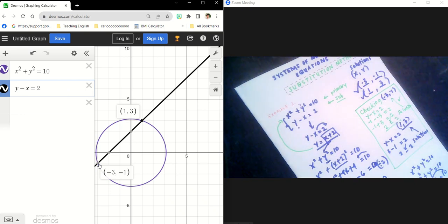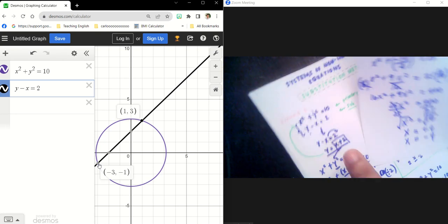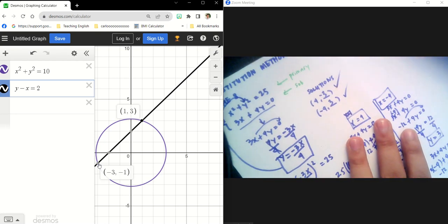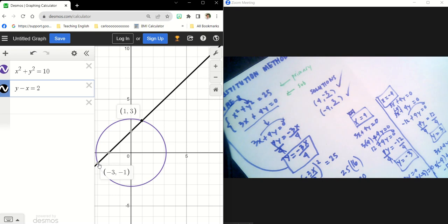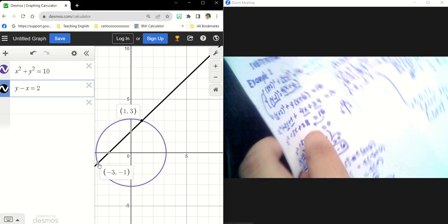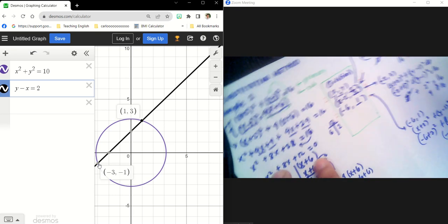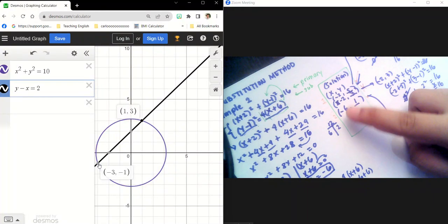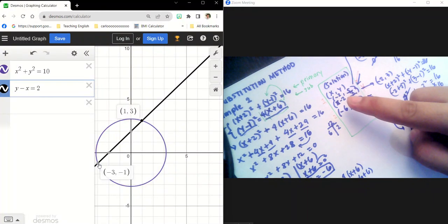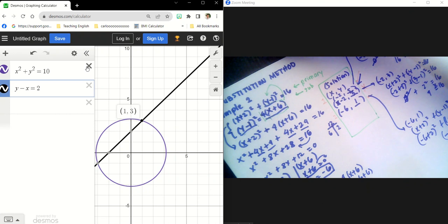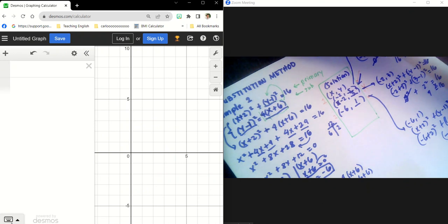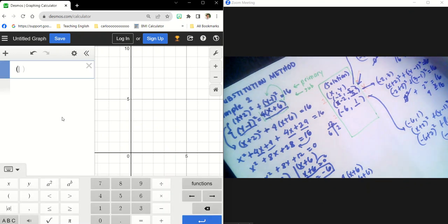Okay. So how about example number 2? Example number 2 is this. We have negative 2 comma 5 and negative 6 comma 1. We disproved negative 2 and 3. So let us type it in. Let me try to make this quick. You have x plus 2 squared, this could be a circle, right?